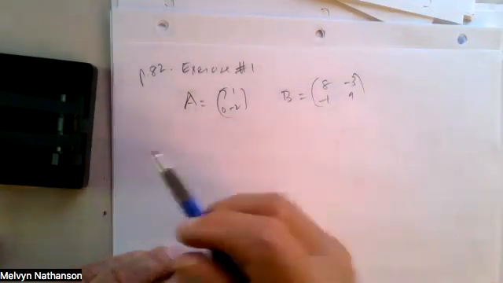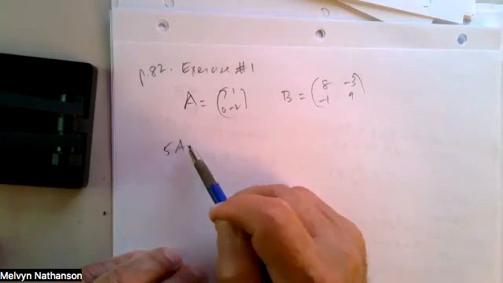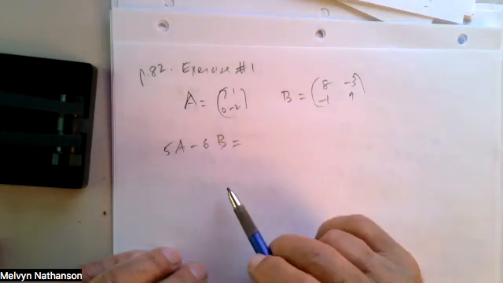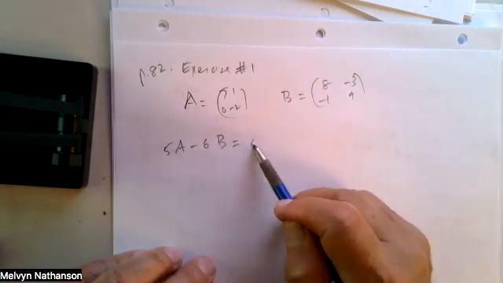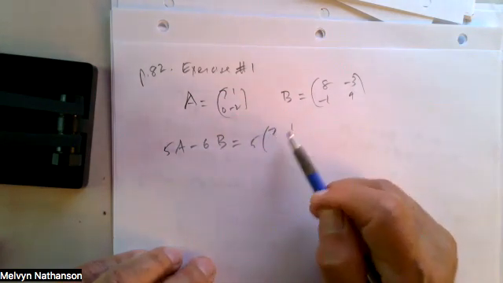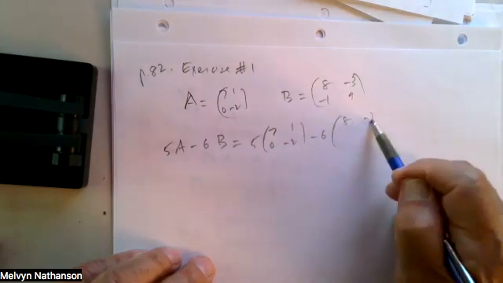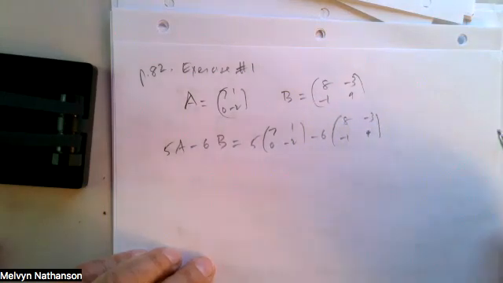So if you had to calculate something like 5A minus 6B, that's 5 times the matrix 7, 1, 0, minus 2, minus 6 times the matrix 8, minus 3, minus 1, 4.